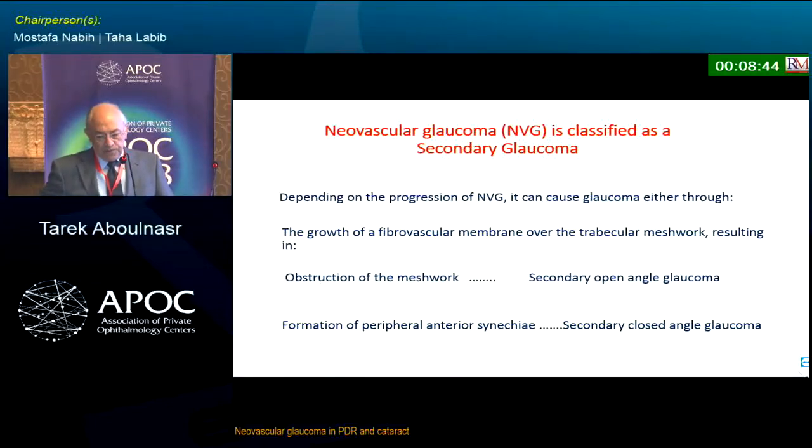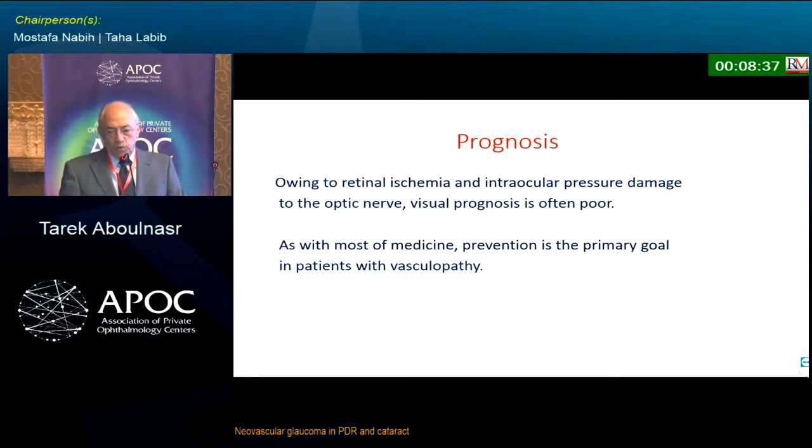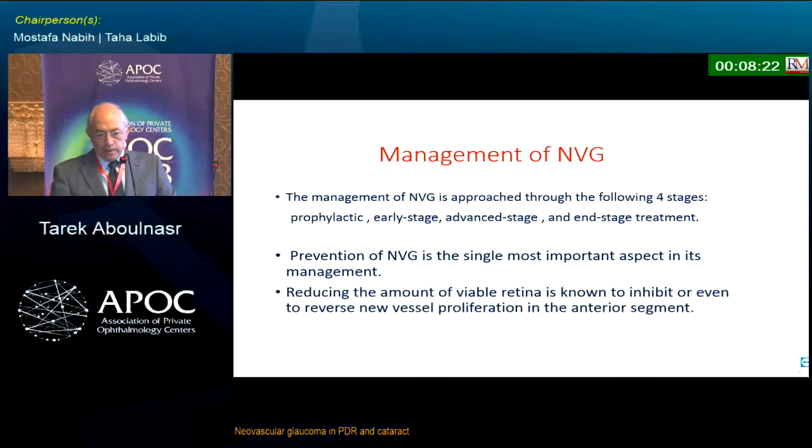And formation of the peripheral anterior synechia, so we call it secondary closed-angle glaucoma. Owing to retinal ischemia and intraocular pressure damage to the optic nerve, visual prognosis in these cases is often poor. As with most of medicine, prevention is the primary goal in patients with vasculopathy.